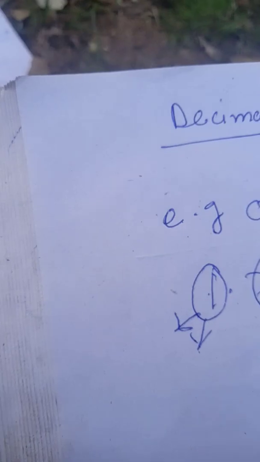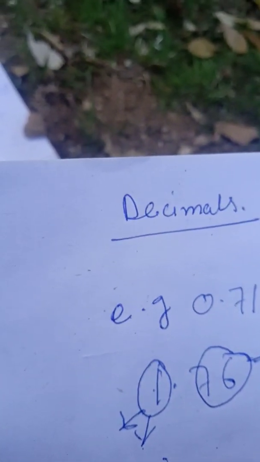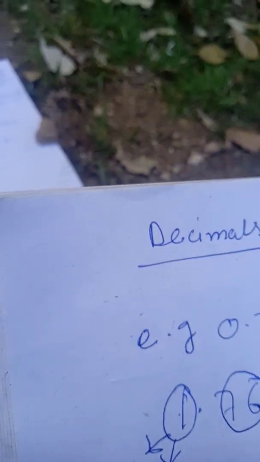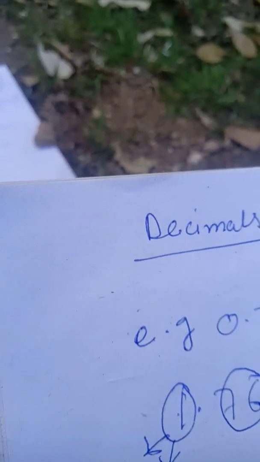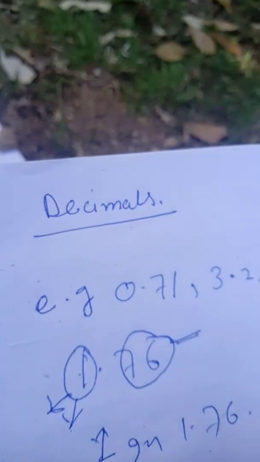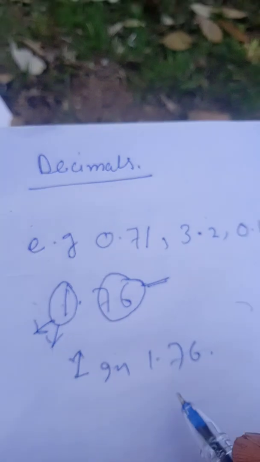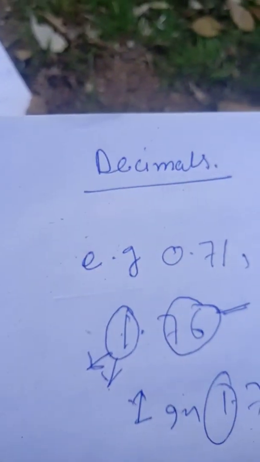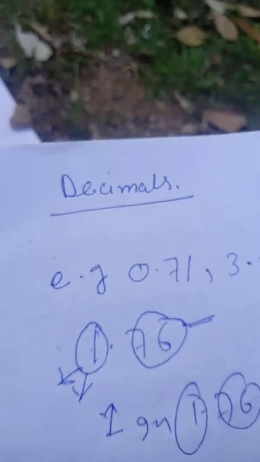So students, in 1.76, one is a whole number part, and 76 is a decimal part.